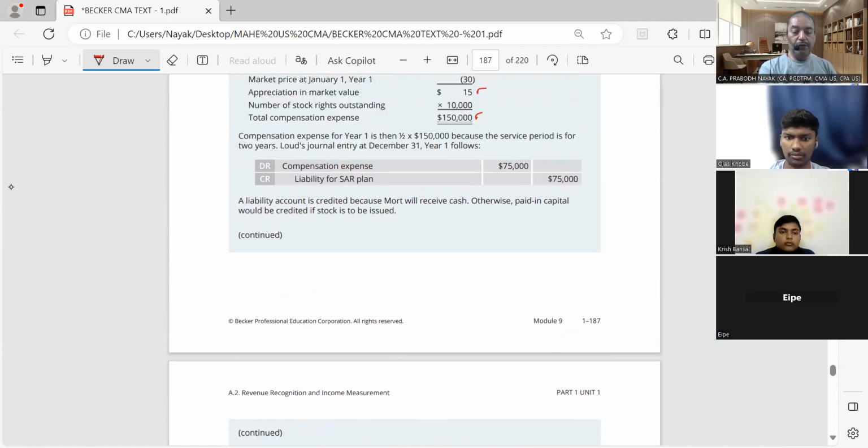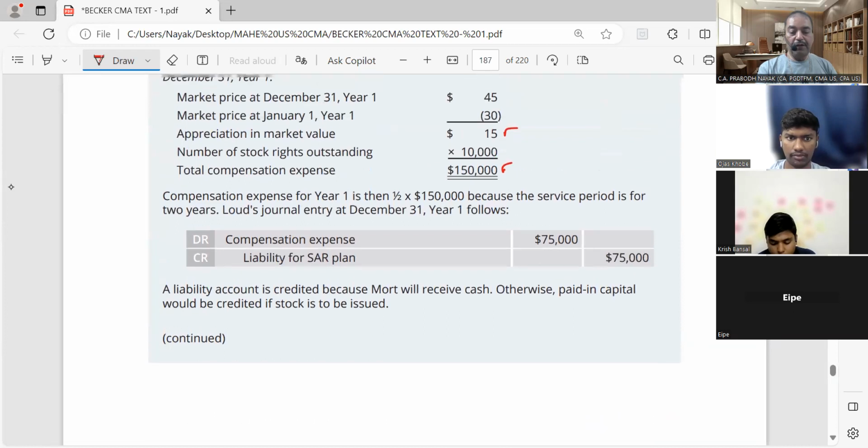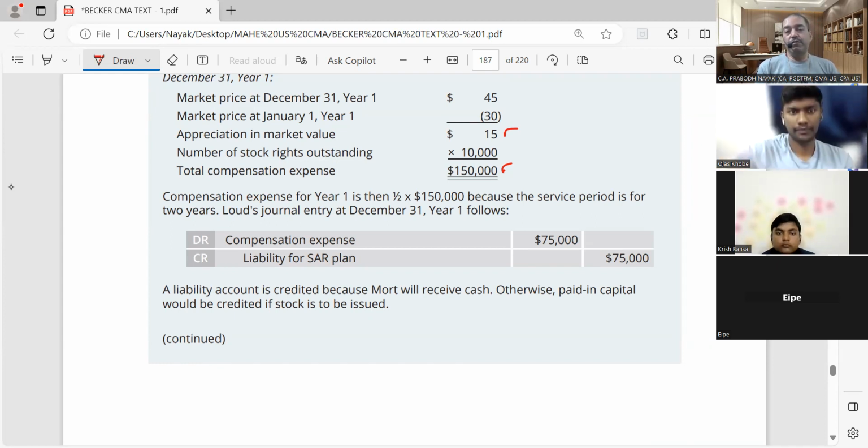First, you take the difference between the opening balance and the year-end balance. 1,50,000 are there, spread it over 2 years, 75, 75. Second year, again you calculate opening balance and the closing balance of the second year. So 40 and 30, 10 are there. So 10 into 10,000 is 1 lakh. 1 lakh means you have already made a provision of 75,000. So current year we can make a maximum provision of 25,000.